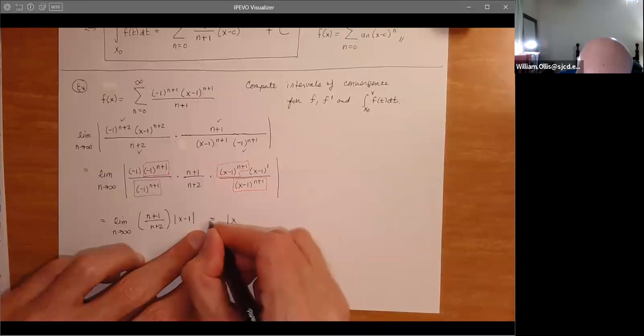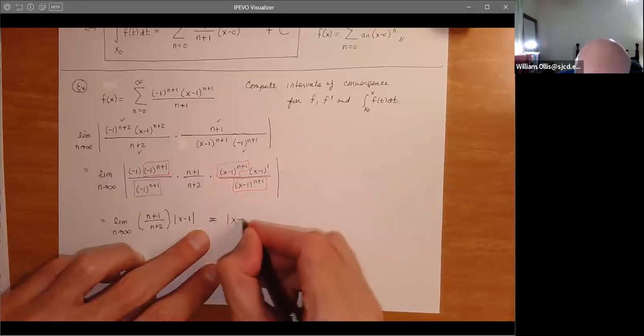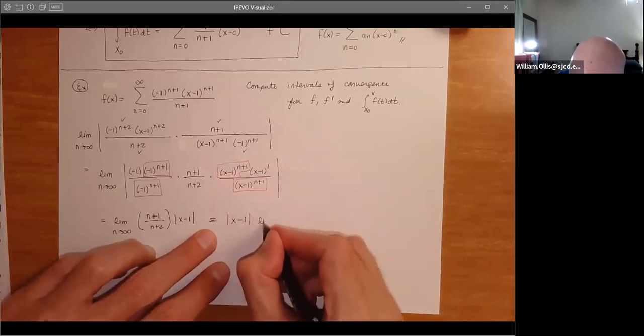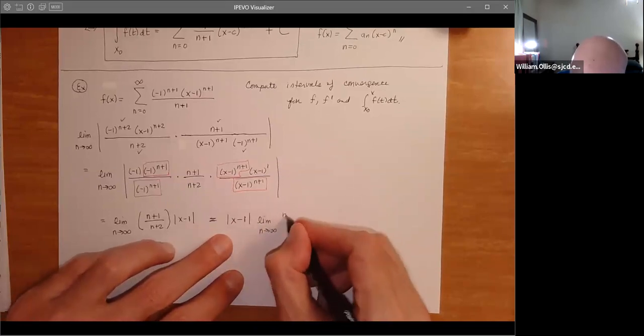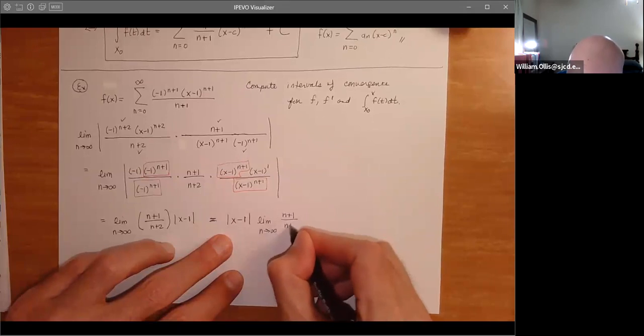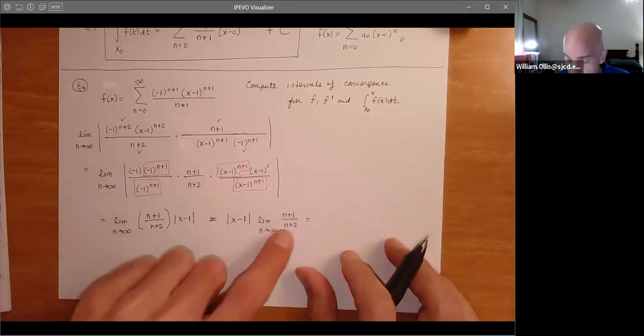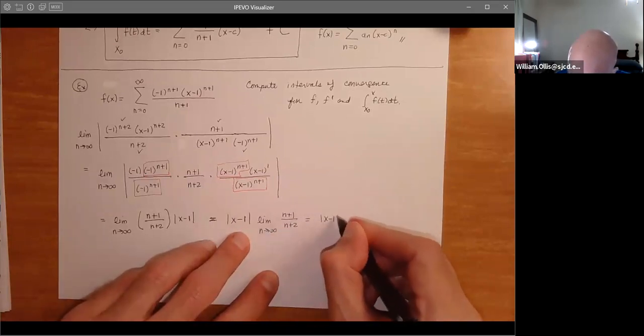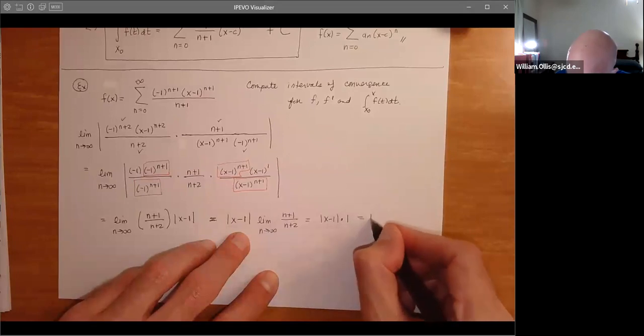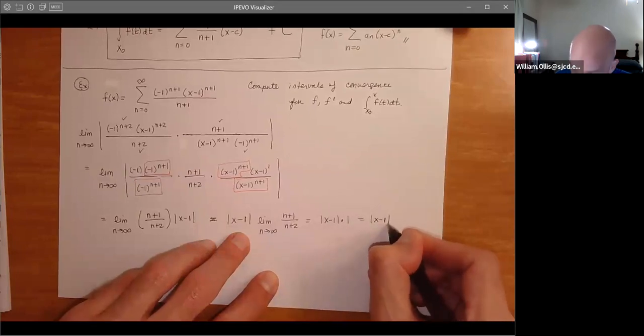So this is the absolute value of x minus 1 times the limit as n goes to infinity of n plus 1 over n plus 2. Well, of course, the ratio of leading coefficients gives us 1 here. So we just get 1 times the absolute value of x minus 1, which is the absolute value of x minus 1.